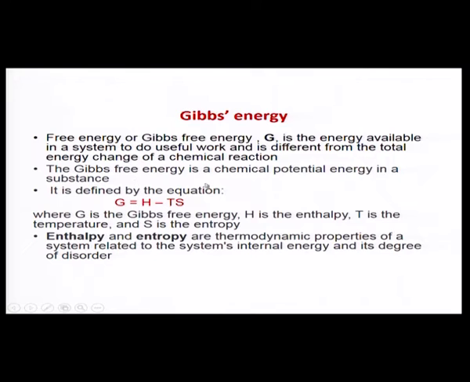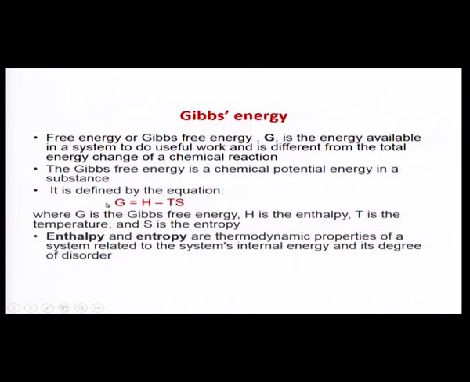The Gibbs free energy is the chemical potential energy in a particular substance, and it is given by this equation: G equals H, the enthalpy of the system, minus T, the temperature, multiplied by the entropy value of the system.